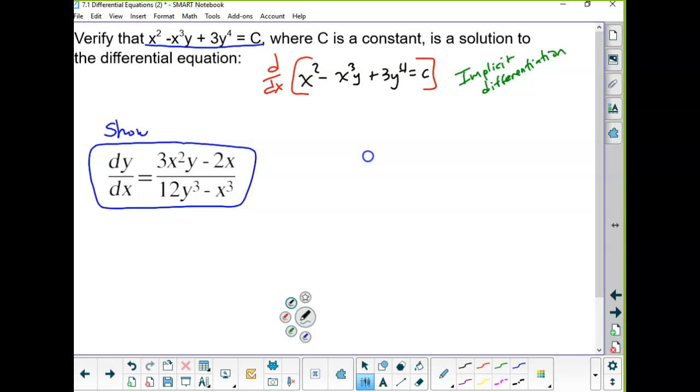So we're going to take the derivative of each piece, and you'll hopefully have some flashbacks here. If I take the derivative of the first x squared, remember how we put dx dx? We're taking the derivative with respect to x. But then we run into this problem right here. That's a product rule. Right? We have x times y. Actually, it's x to the third times y. So I have to use the product rule here.